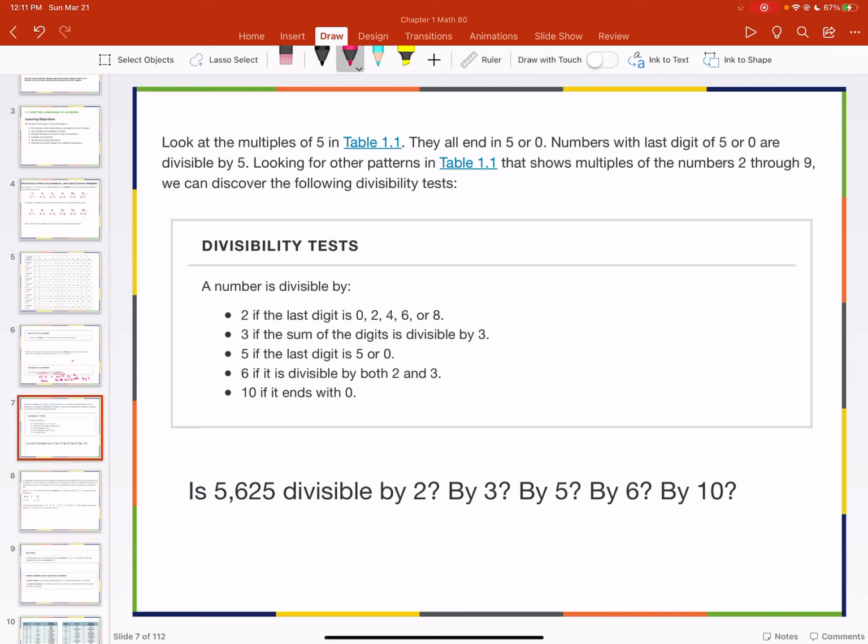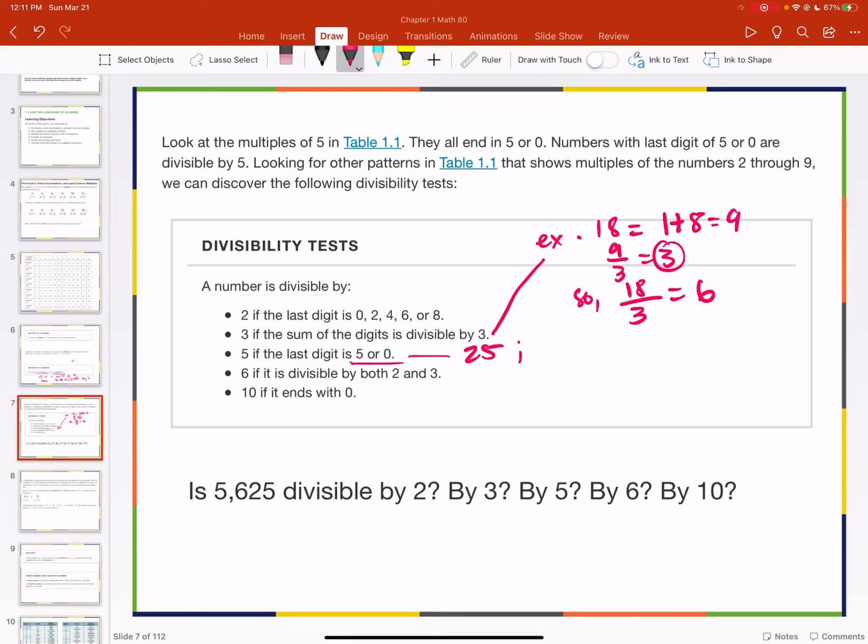So for example, 18: the sum of the digits is 1 plus 8, which is 9. 9 is divisible by 3, so 18 is also divisible by 3, which it is. It's 6. A number is divisible by 5 if the last digit is 5 or 0. An example of this would be 25. 25 divided by 5 is 5.